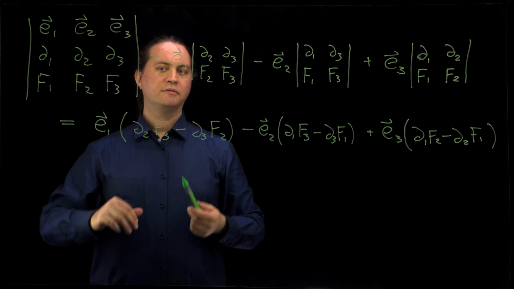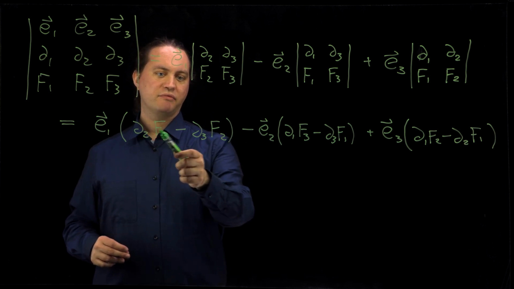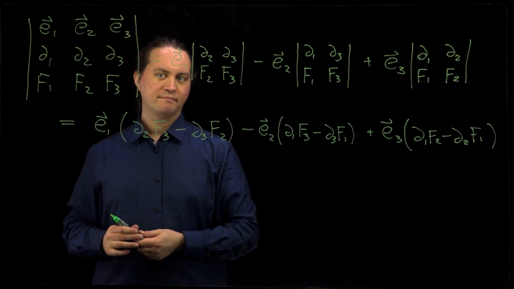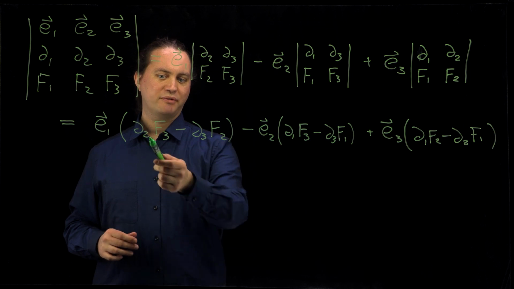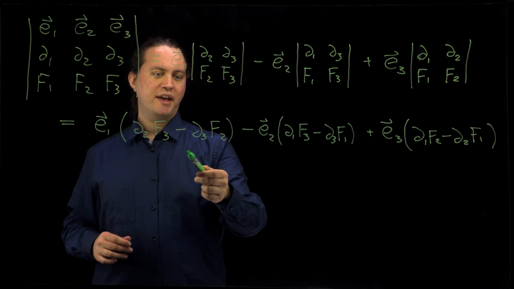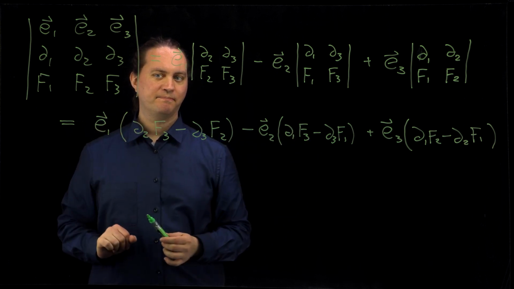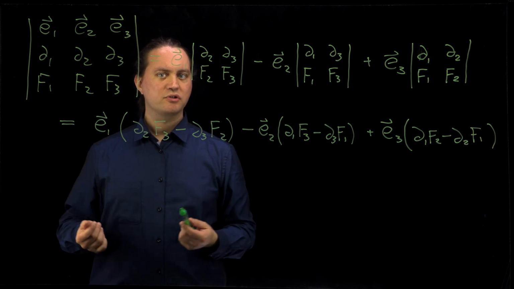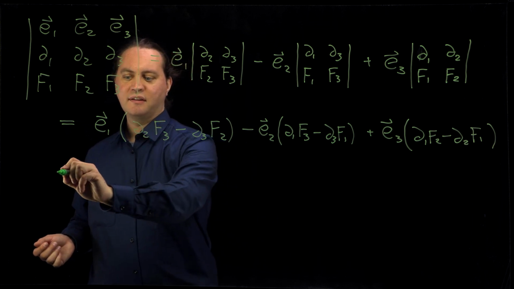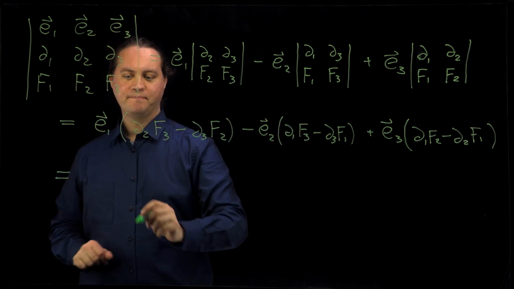What we now have here is several vectors multiplied with these scalars. For example, here we have this derivative of F3 in the x2 direction minus the derivative of F2 in the x3 direction, and so on. And now we can just use our usual mathematics again. We put everything here into a vector.